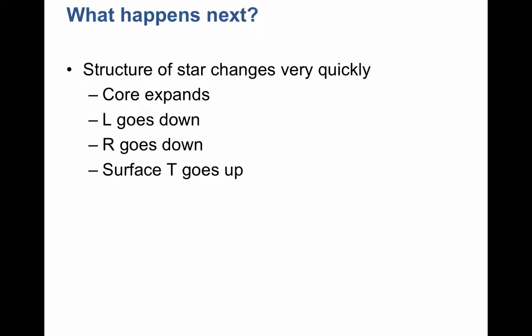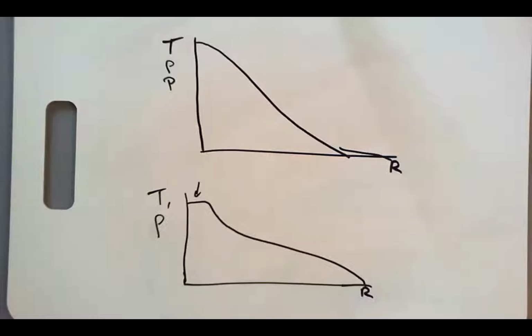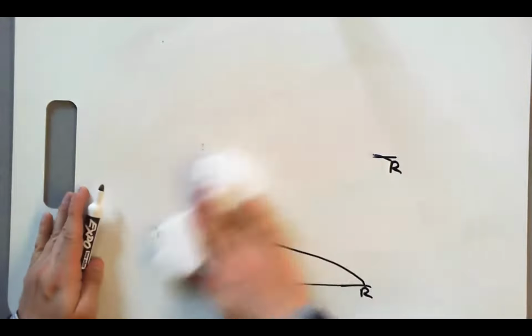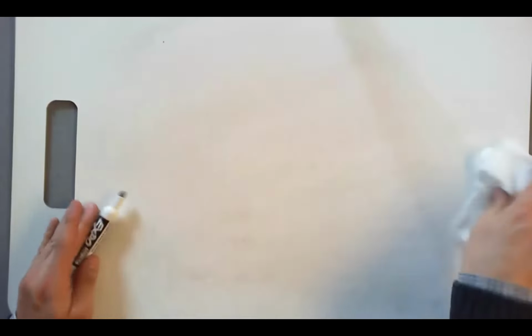All of a sudden, let's go back and think about our star again, and the center of our star again. Here is the center of our star. Let me erase these and think about what the center of our star actually looks like now.